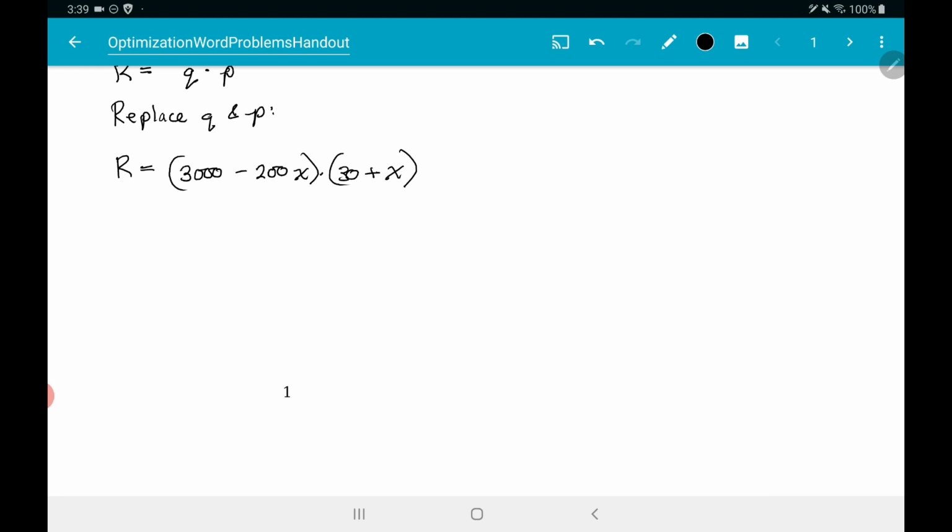Now that we've got this formula to start with, take a moment and simplify this, expand it out, and get r as a function of x. Okay, let's FOIL this out.